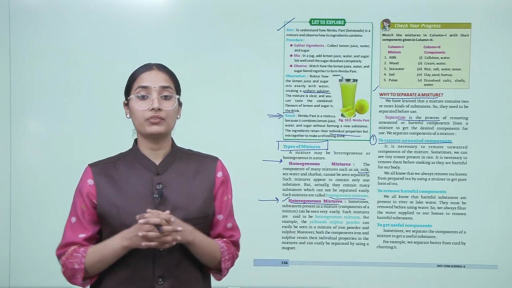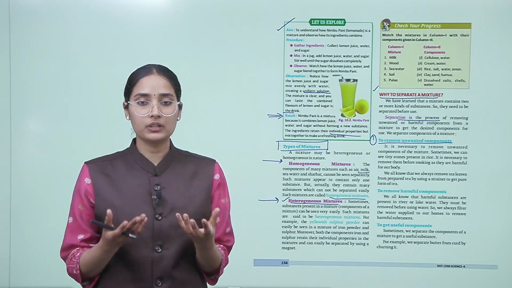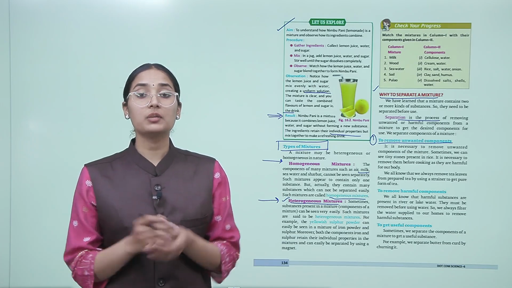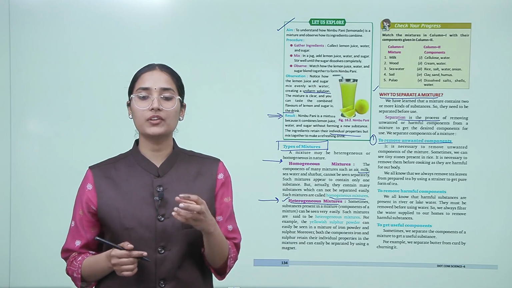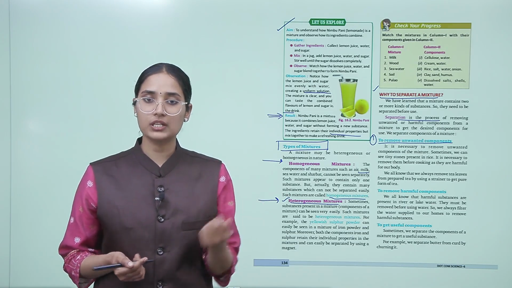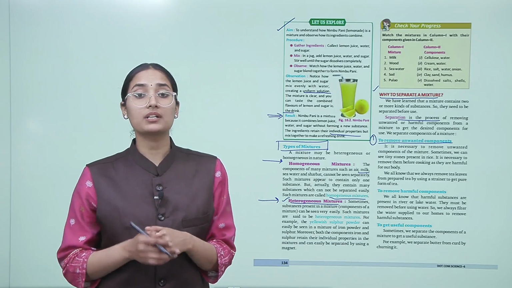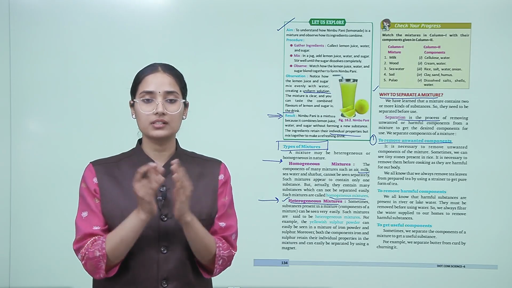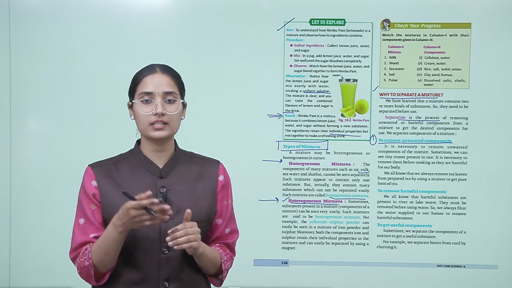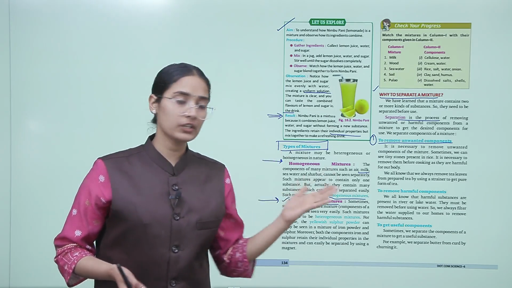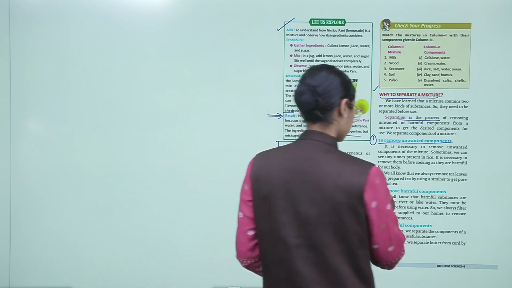So when we want to drink or utilize that mixture, right, we remove the unwanted components. For example, we remove tea leaves from the tea, we remove stones from the rice and pulses, right? Sometimes there are some kernels that are there in the rice and the pulses. We remove those. So we remove the unwanted components from the mixture.